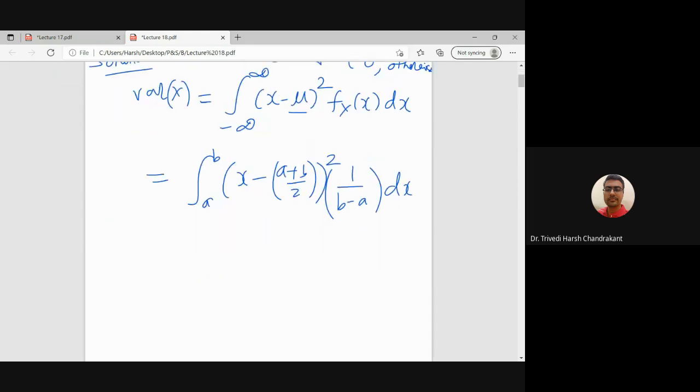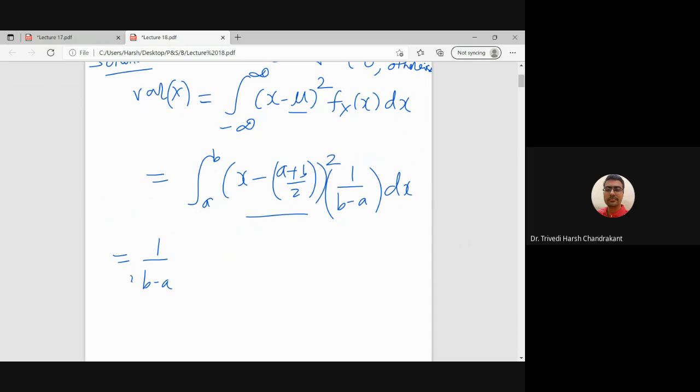So we need to find this integral, and we can first take the constant 1 upon (b minus a) out, and the integral of (x minus some fixed number) square. Either we can change the variable or we can directly integrate. The integration of x square is x cube by 3, so here the integration is (x minus (a plus b) by 2) cube by 3.